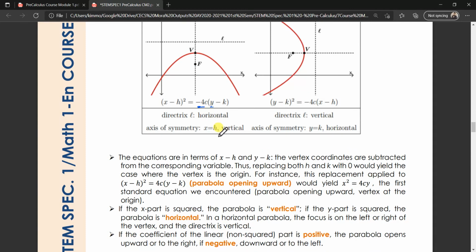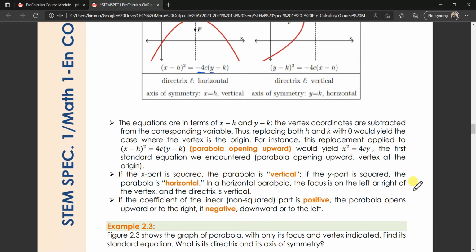So for instance, these replacements applied to x minus h squared equals 4c times y minus k. That means the parabola is opening upward. So it will result in x squared equals 4cy, which is the first standard equation that we encountered, what I discussed in the first part of this module.